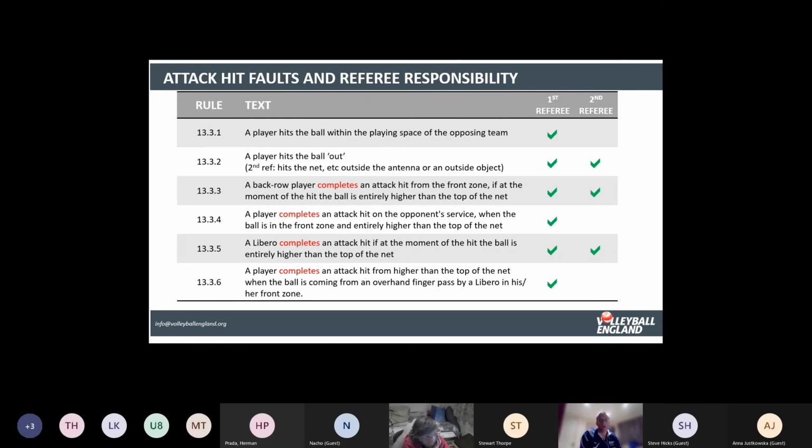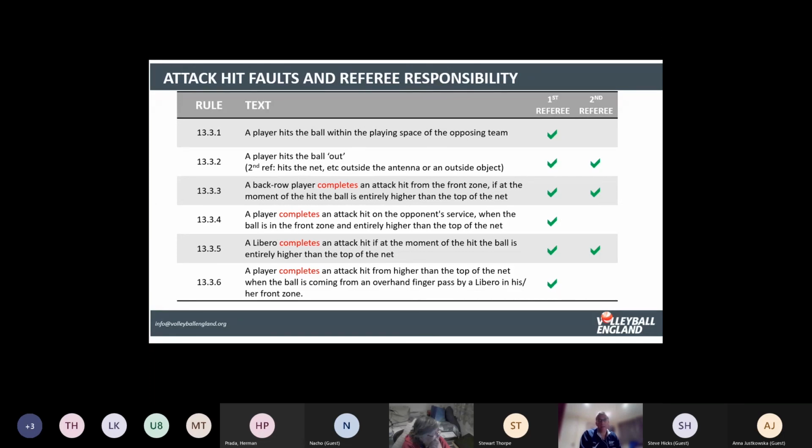But then we get to the 4 rules we've just looked at. So a back row player completes an attack hit from the front zone. Okay, so this is both referees can call this fault. Now the second referee needs to be careful here because it has to be absolutely clear that the ball is higher than the top of the net.